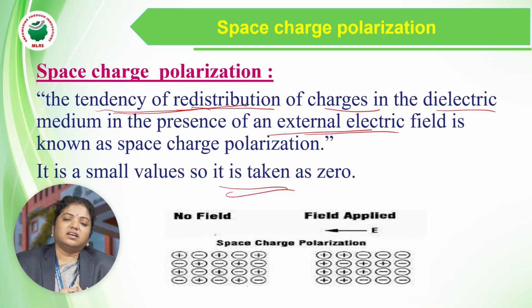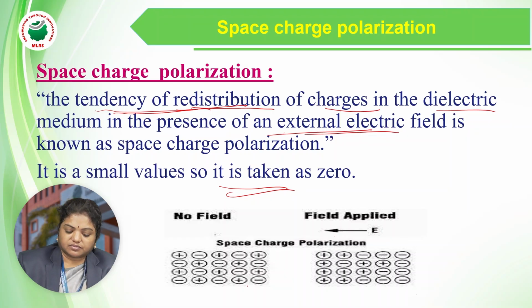Another one is orientation polarization. In this polarization, the dipoles already exist, and whenever we apply the electric field, all the dipoles are oriented along the field direction. Next is space charge polarization. In this, the charges change their tendency of redistribution along the field direction.